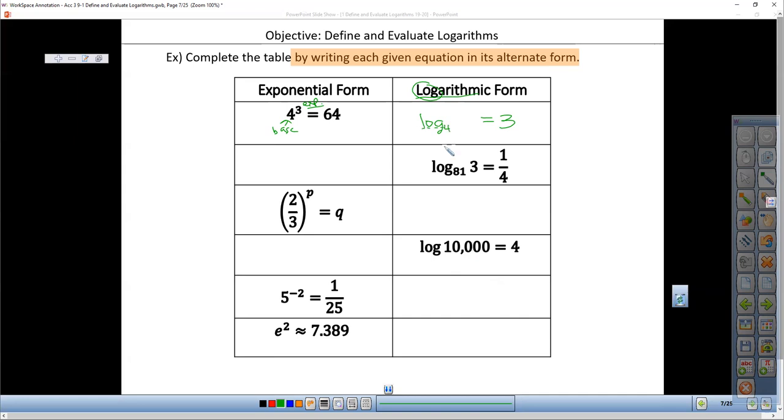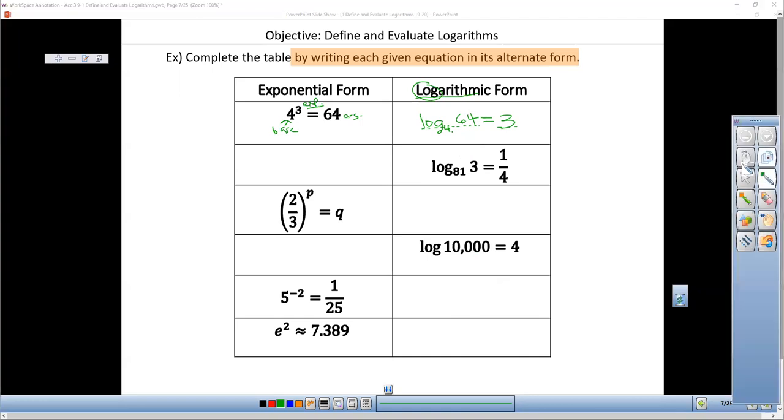And then the final piece, the 64, must be our argument, and it stays on the horizontal with the logarithm and the 3 goes right there. So this is read log base 4 of 64 equals 3, which means in logarithmic form that 4 to the third power equals the 64.